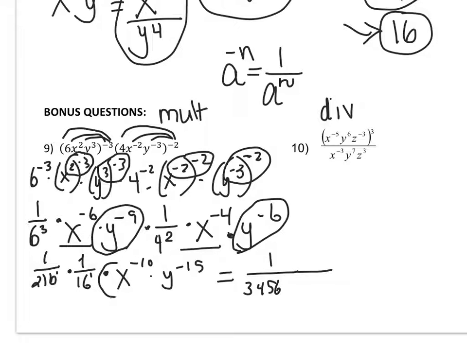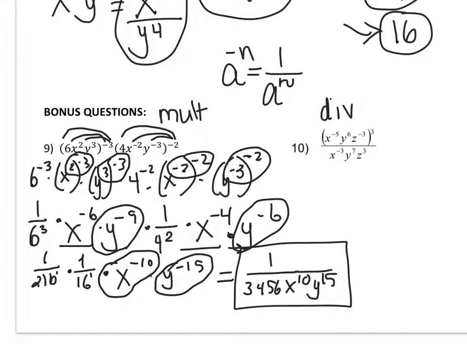This is obviously raised to a negative exponent. It must come down below to become positive. This one's also raised to a negative exponent. It must come down below to become positive. Your final answer being 1 over 3,456, x to the 10th, y to the 15th.